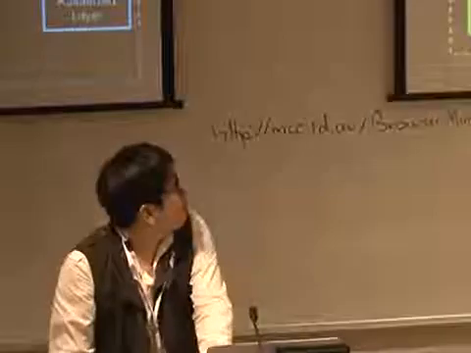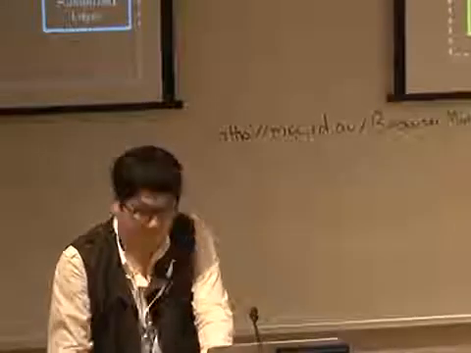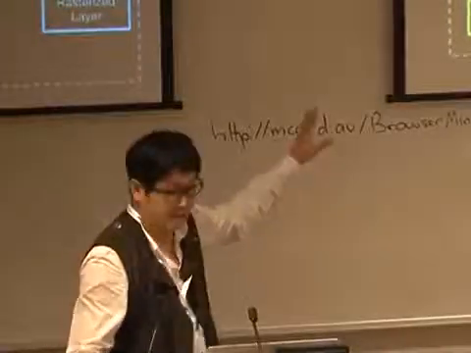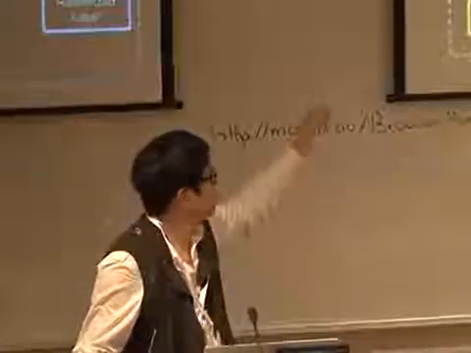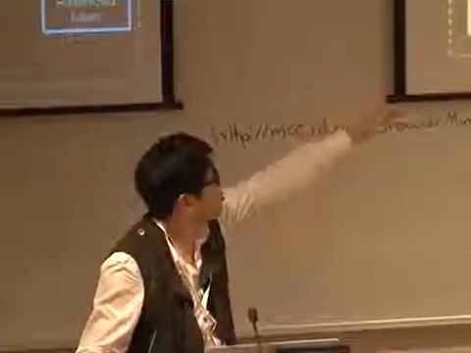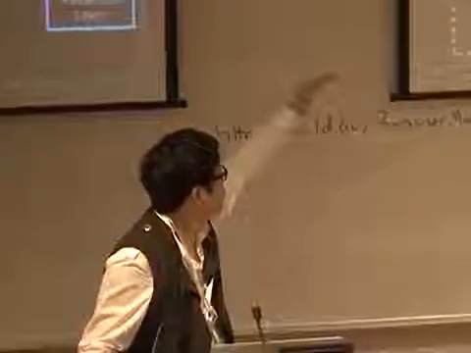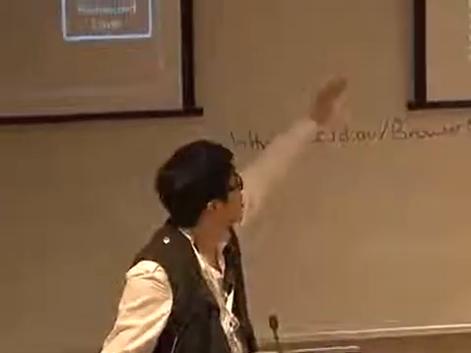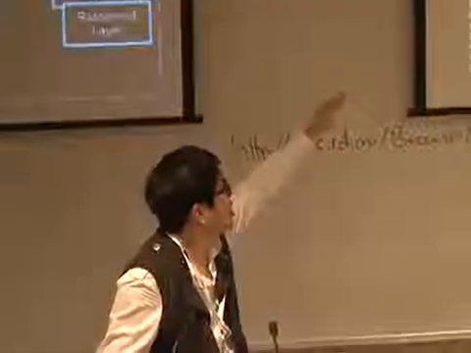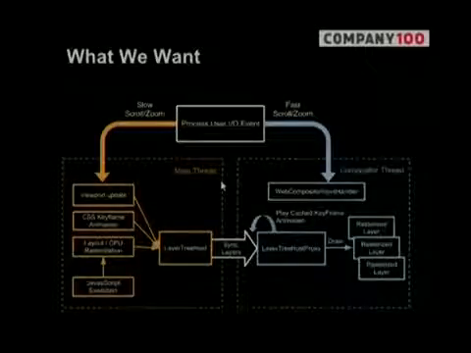So this is our overall architecture. Since the main thread is doing too much work, we separate out the compositor thread, and bitmaps and CSS animations and properties are passed to the compositor thread.